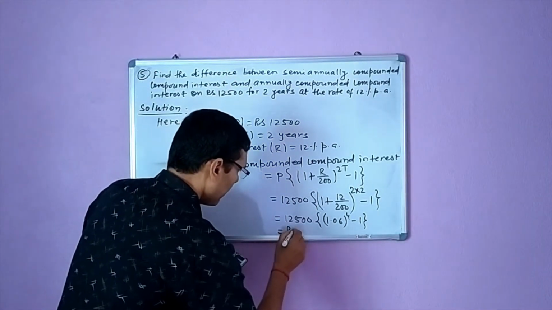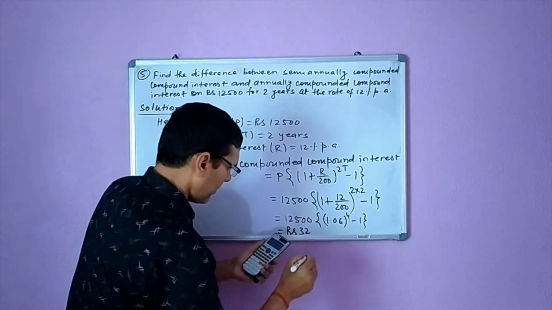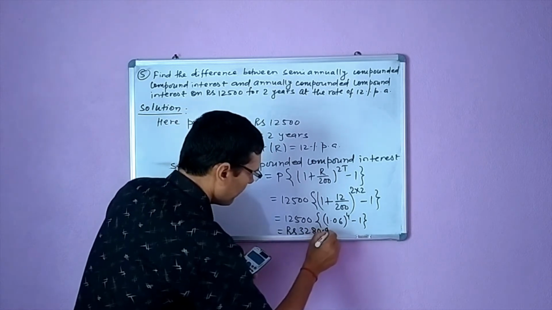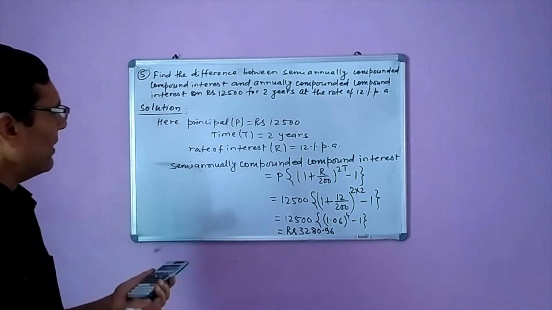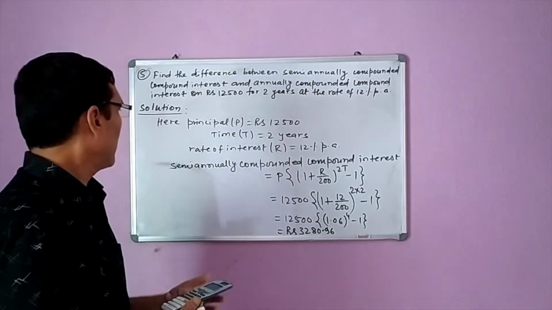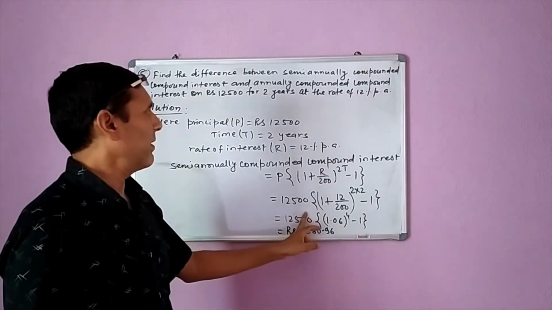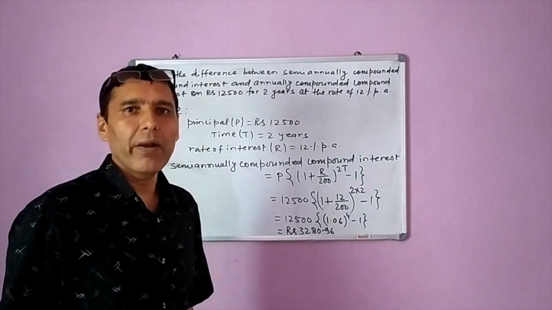So we get 3,280.96. So this is the semi-annually compounded compound interest on rupees 12,500 for 2 years at the rate of 12% per annum.